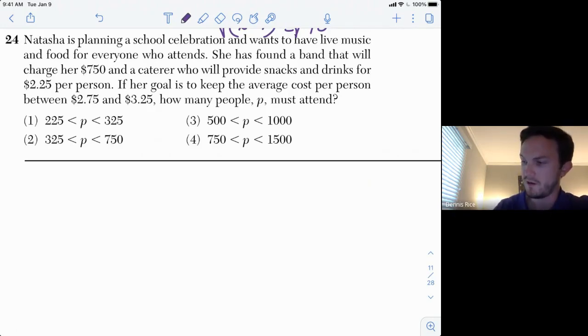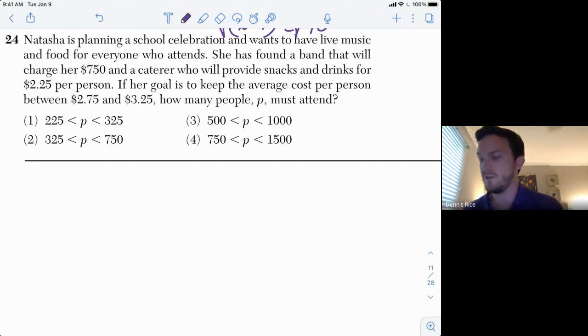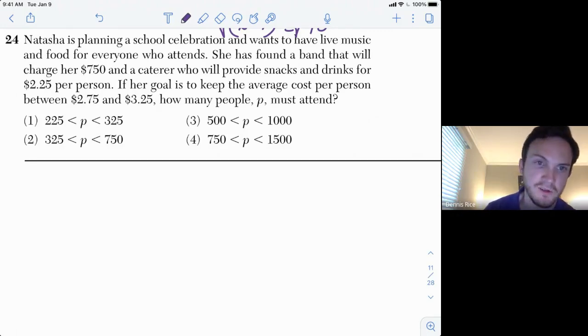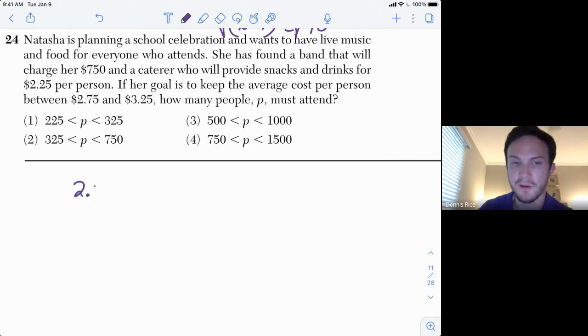We can consider using the choices to our advantage. And it is a little tricky because we have this sandwiched inequality, which we're not really super comfortable with. When I say sandwich, the variable's kind of in the middle. Luckily, we don't have to create this ourselves. It is multiple choice. We can use this to our advantage a little bit. So let me get my work set up here, and then I'll explain it.